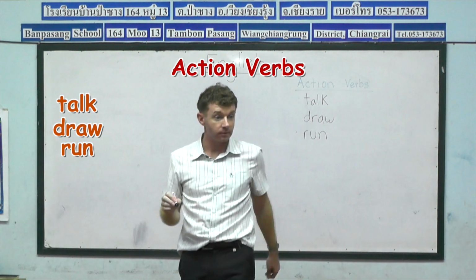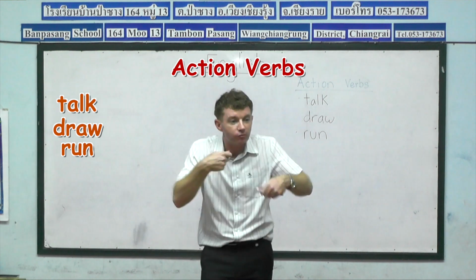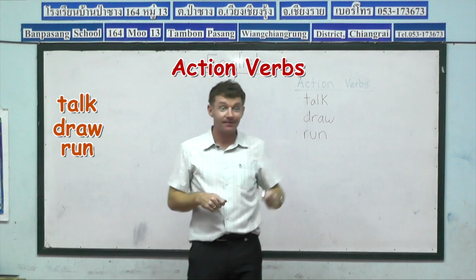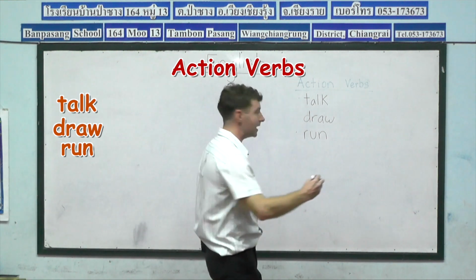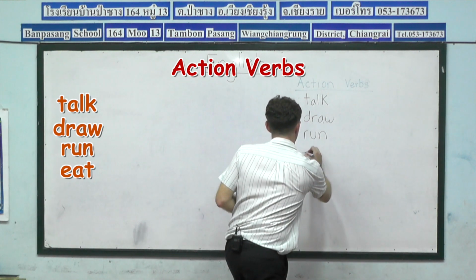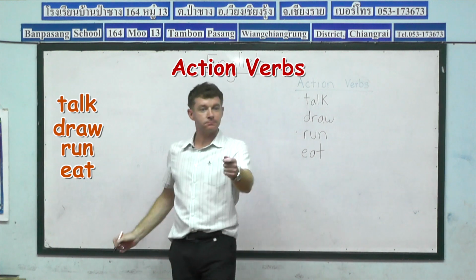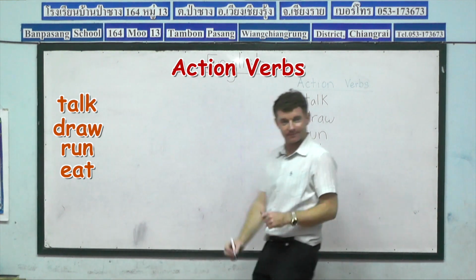So, Bangpon, can you give me an action verb? What do you do in the morning? Eat. Excellent. We eat food. So, eat is an action verb. E-A-T. Dan. Dance. We can dance at the party.